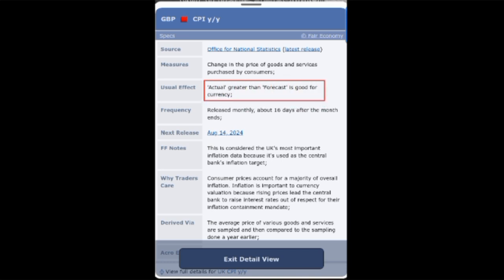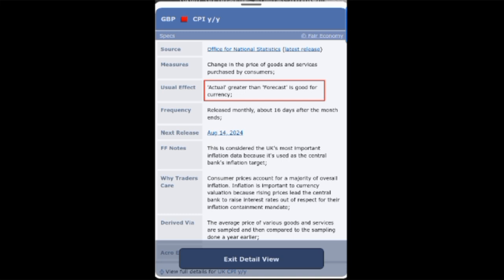This is where you also focus when you are checking news in detail, to know what the outcome is going to be and how it's going to impact the currency pairs on your trading chart. If you look at the news here, you see the source, then the measure, and then the usual effect. The usual effect is where you should always pay attention. You can see that the actual greater than forecast is good for the currency.